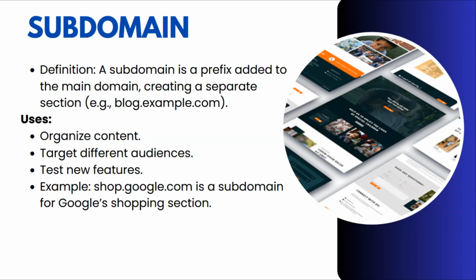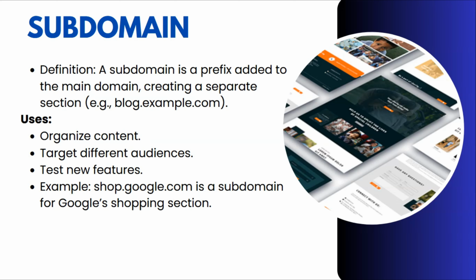So that is their shop. Or drive.google.com. Those are subdomains. A subdomain is a domain created from the main domain. You can use it to build a complete website on its own, but it cannot exist without the main domain. So when you add a prefix to the main domain, you can create a subdomain.